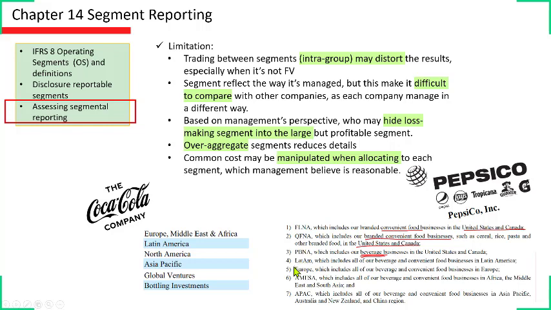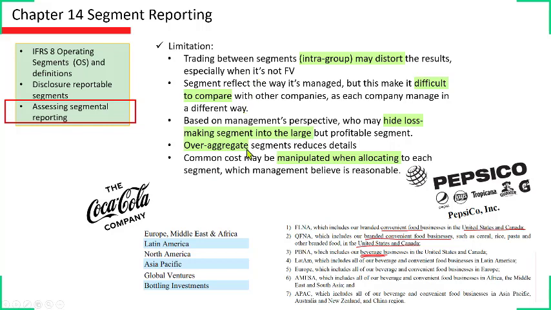And then the rest, they manage it by the area, like Latin America, Europe, Africa, and Asia Pacific. Okay. So this is the way they represent their segments, and that would be the same way they manage their business.